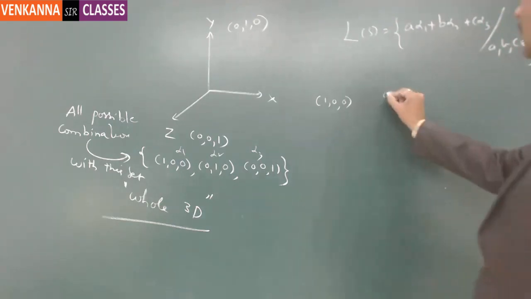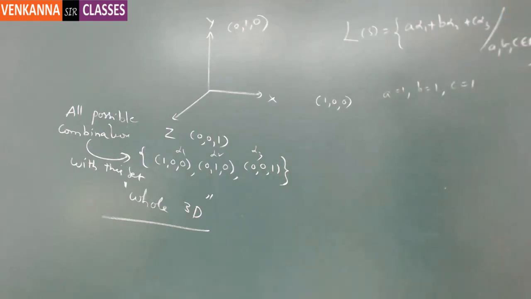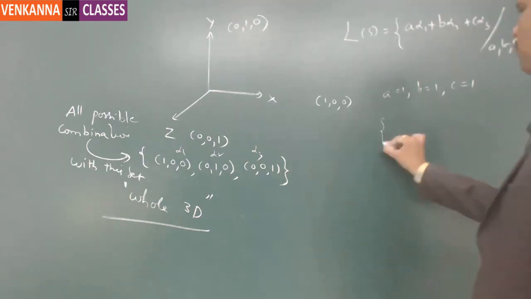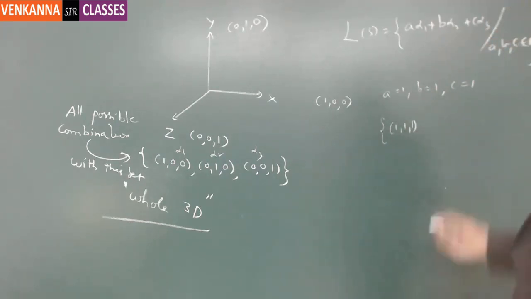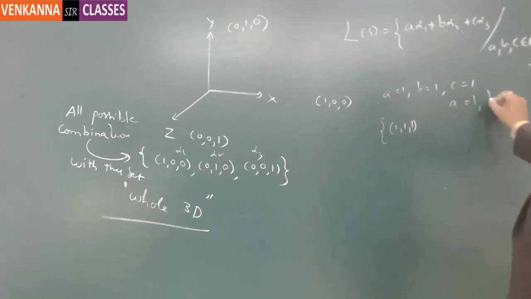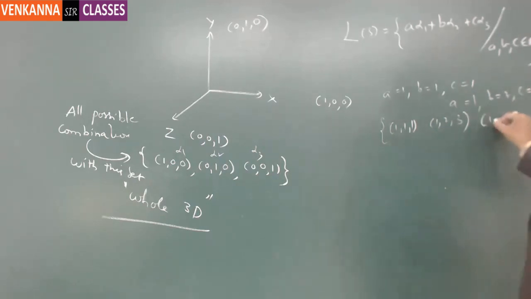Now, if I take A is equal to 1, B is equal to 1, C is equal to 1 here, if you add up, you will get the point 1, 1, 1. If I take A is equal to 1, B is equal to 2, C is equal to 3, I will get the point 1, 2, 3. If I take A is equal to 1, B is equal to minus 1, C is equal to minus 3, I will get the point 1, minus 1, minus 3.